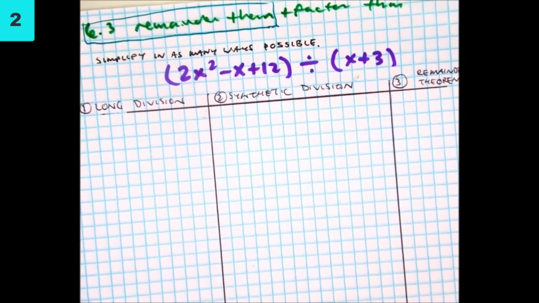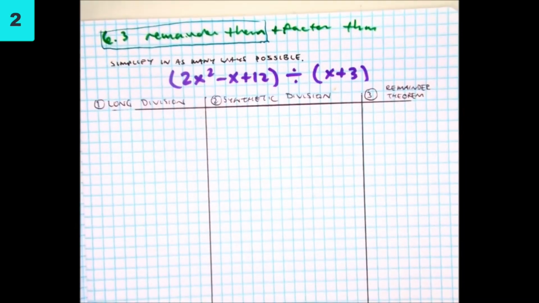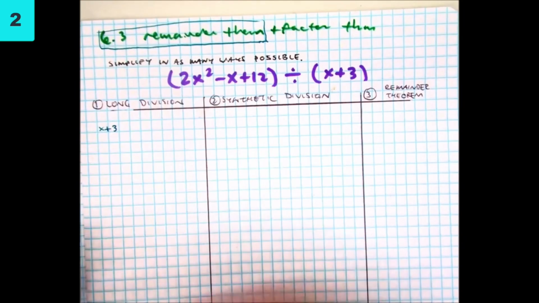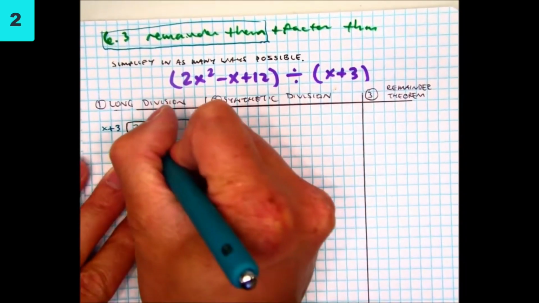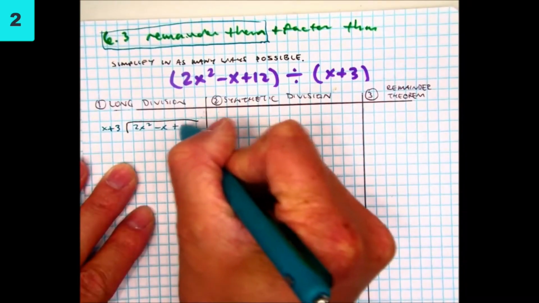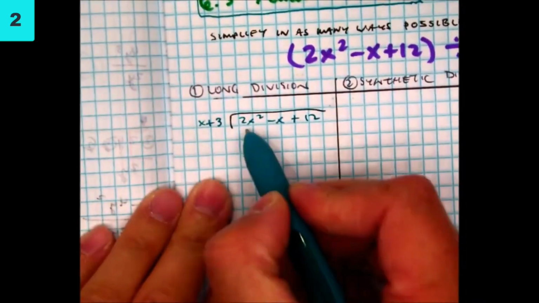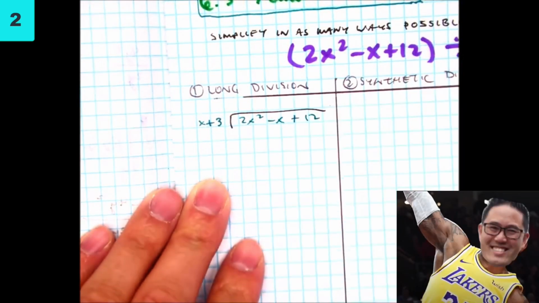Alright, I asked you guys to simplify in as many ways as possible: 2x squared minus x plus 12 divided by x plus 3. We've been focusing on long division, so that would just be x plus 3 into 2x squared minus x plus 12. x goes into 2x squared how many times? Plus 2x.